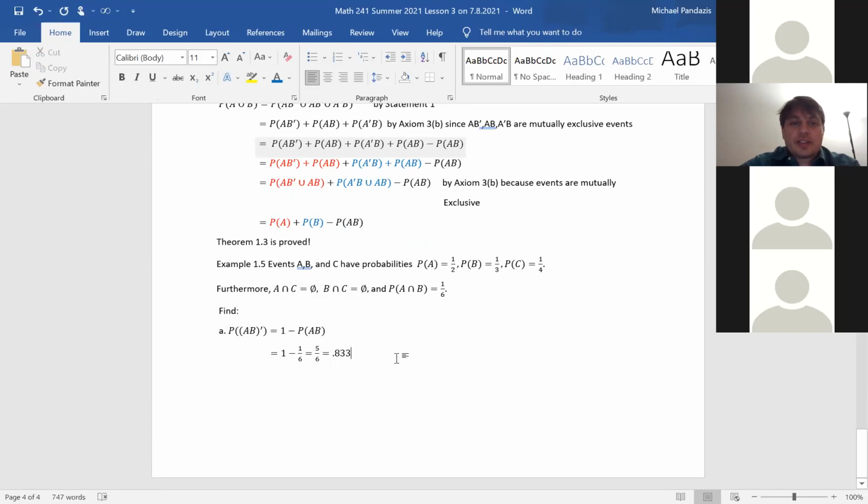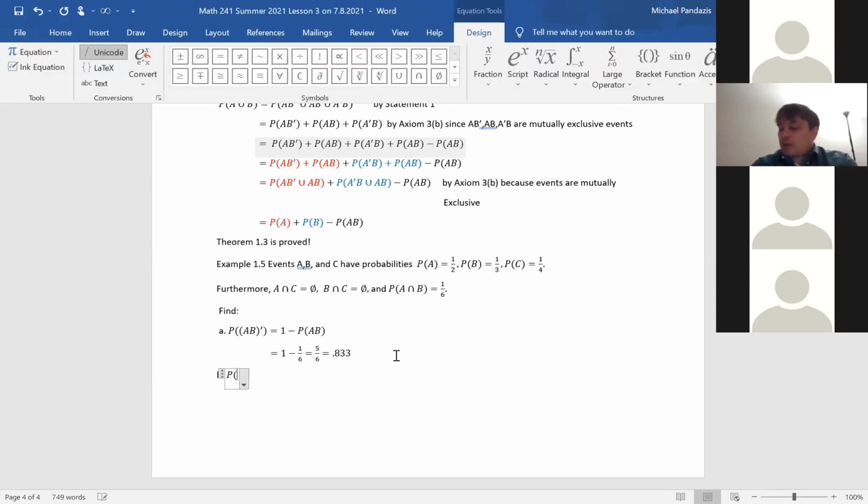So that's A. For B, what is the probability of A intersection B prime?